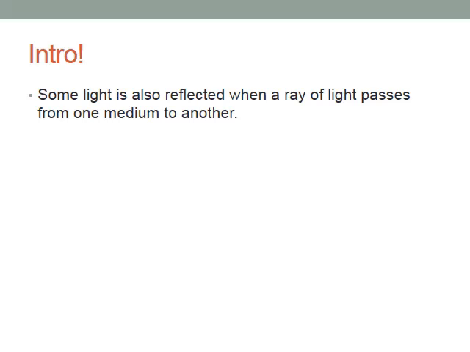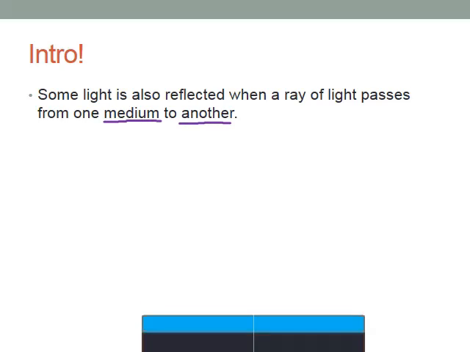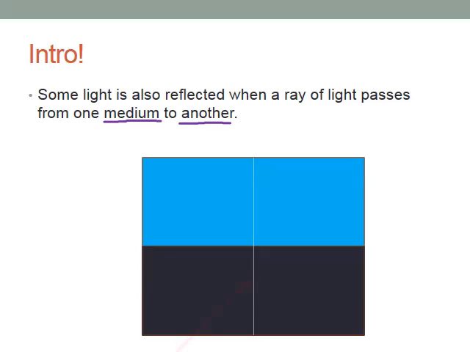So when you get light refracted as it passes from one medium to another medium, you can see here it gets bent, in this case away from this normal line.